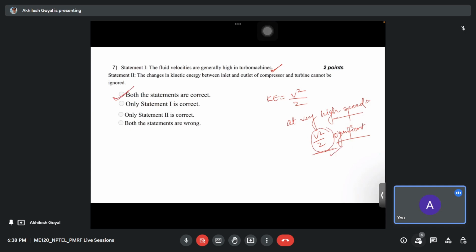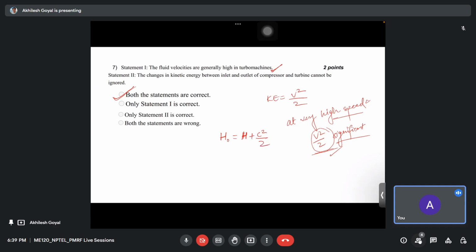And also because of the high velocities in the case of turbomachines, you must have learned about the stagnation properties in the case of these aircraft engines. So these stagnation properties are like h0 is defined as h plus c square by 2.